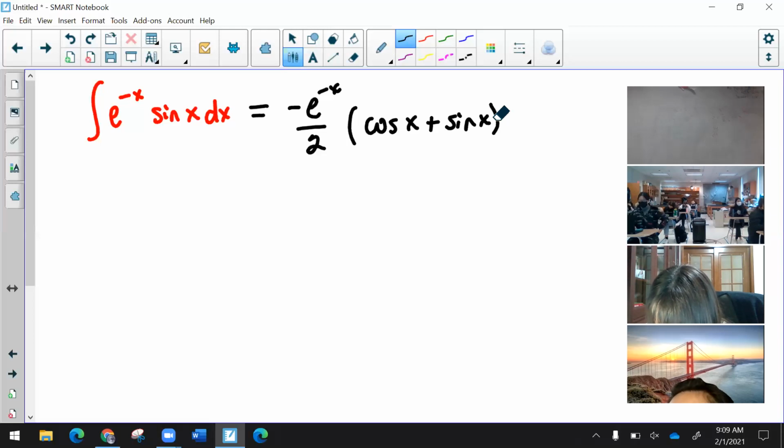Minus now your integral. Combine all your negatives. So you've got to write the integral on your side.